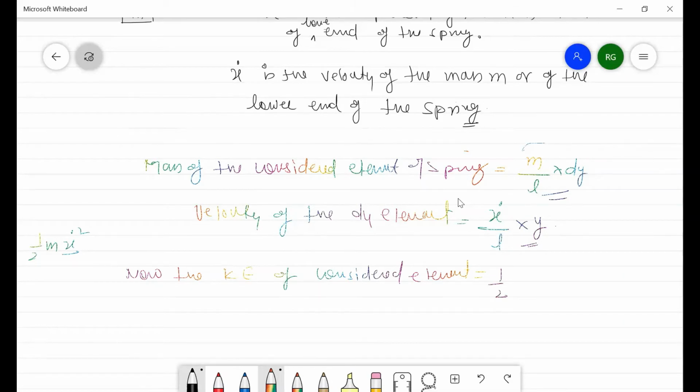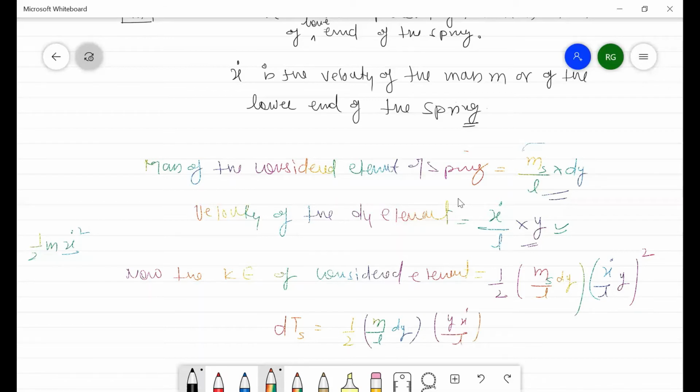So half, in place of m we write the mass of this element, which is ms by L into dy, and the velocity of this element is x dot divided by L multiplied by y, whole square. So this is the kinetic energy of this element. Let's write the kinetic energy dTs is equal to half ms divided by L multiplied by dy into y x dot by L whole square.